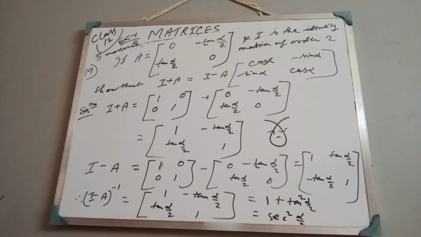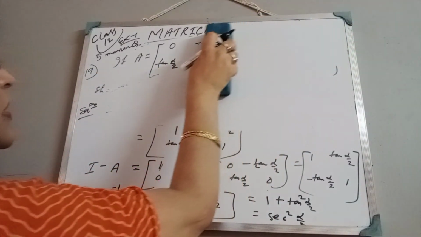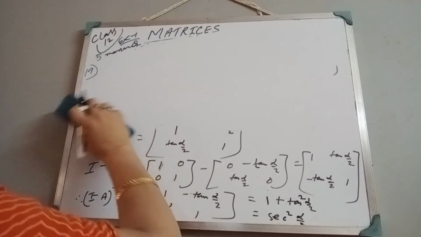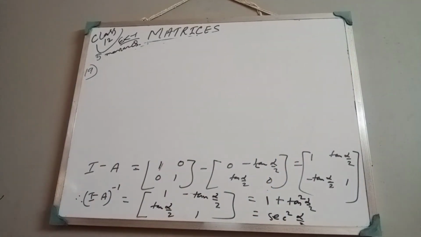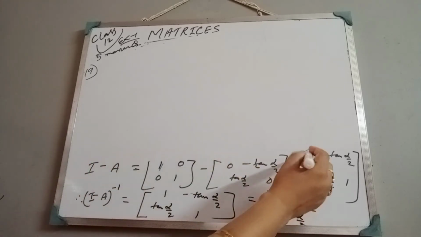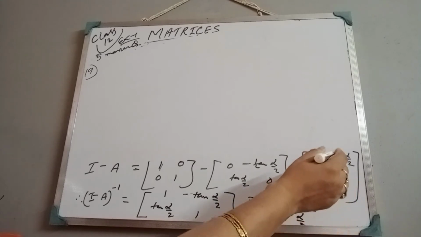Okay, now let me rub this part first. Okay, so this is sec square alpha by 2, already written. Now, I minus a whole to the power inverse means I minus a, this is also sec square alpha by 2 into 1 into 1 minus tan alpha by 2 into tan alpha by 2.